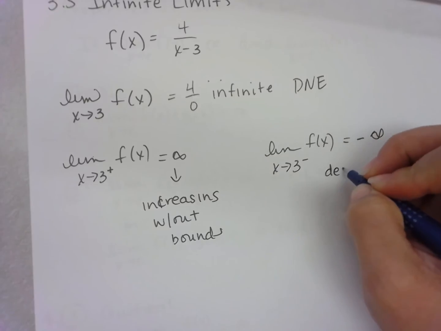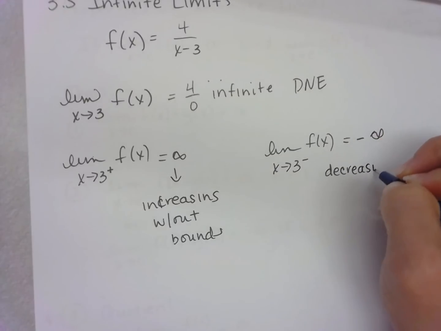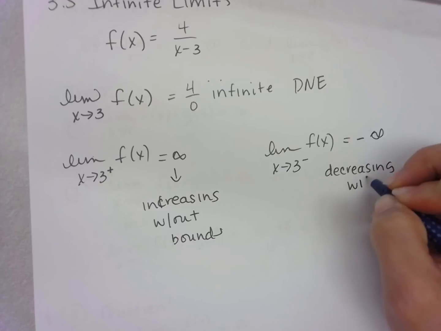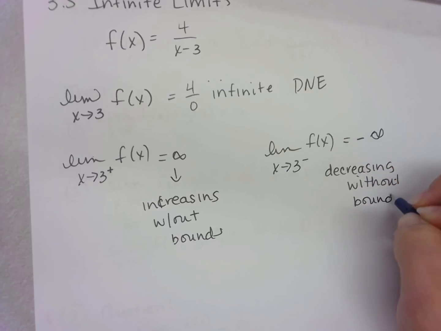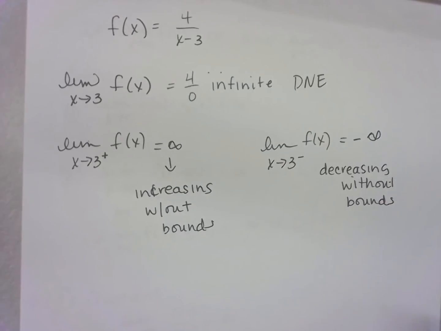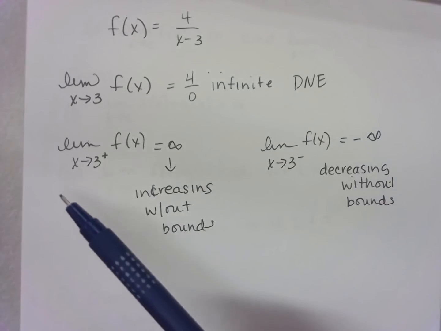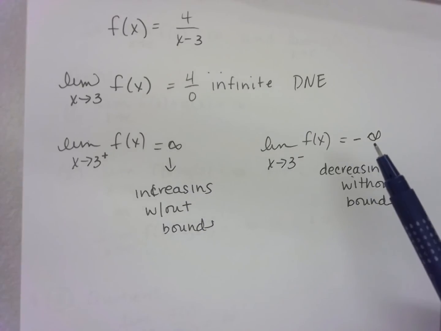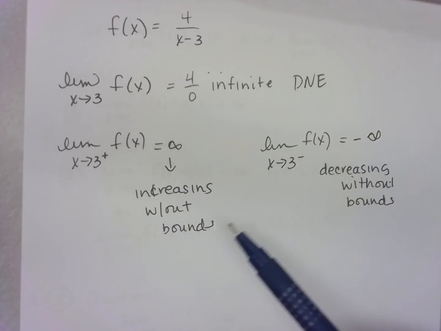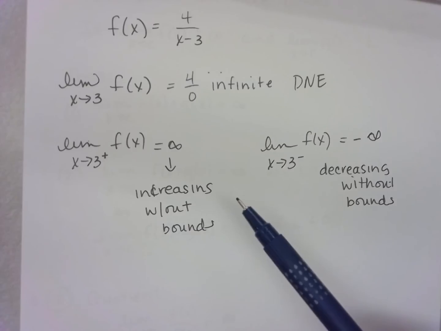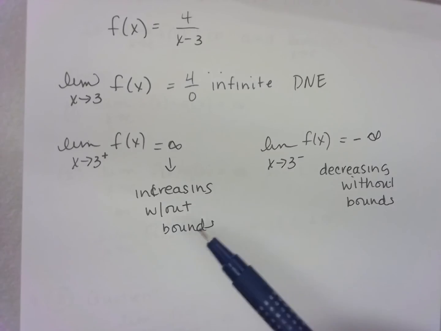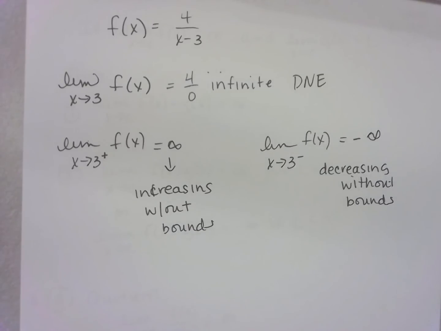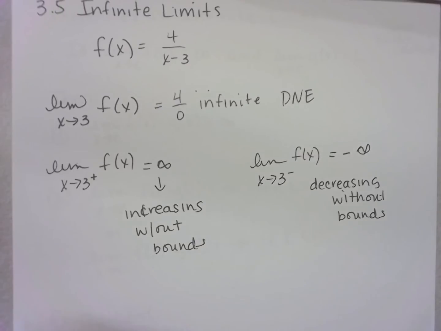So this is decreasing without bounds. So they're doing opposite things, so I need to leave them separate. If I came across an example where as x approaches 3 from the right was infinity and the left was infinity, then I could write it overall as the limit as x approaches 3, without the plus and minus, is equal to infinity as well. But as long as they're different, I need to keep them separate.